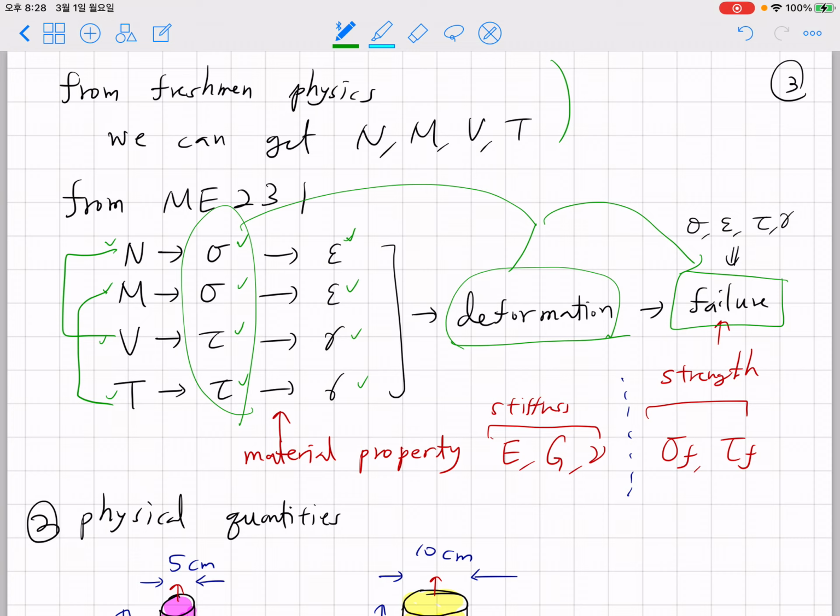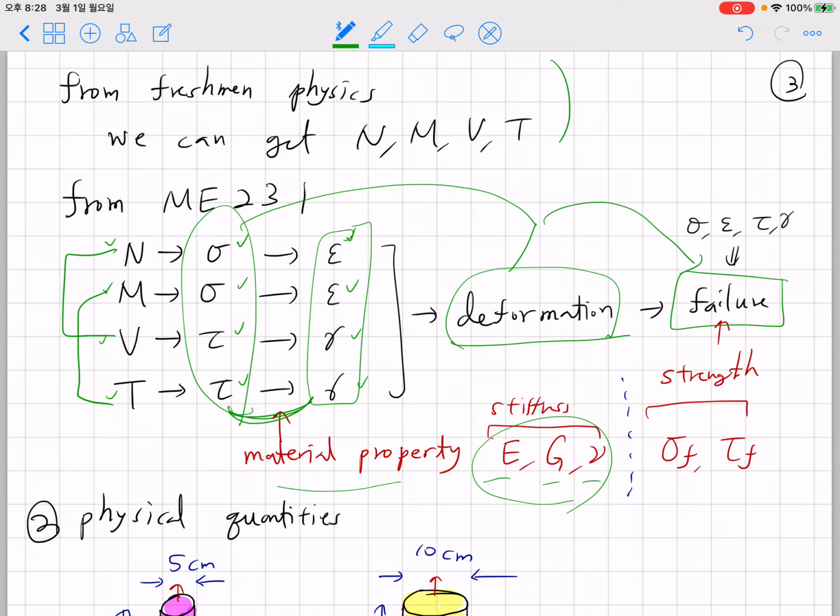When we predict the deformation, this strain is, I would say, displacement per unit length. This is connected by material properties called Young's modulus, shear modulus, and Poisson's ratio, or if we call everything together, stiffness.